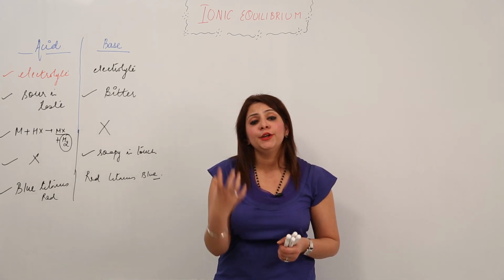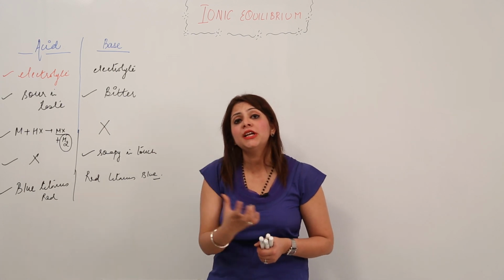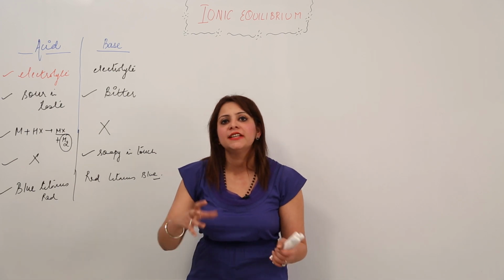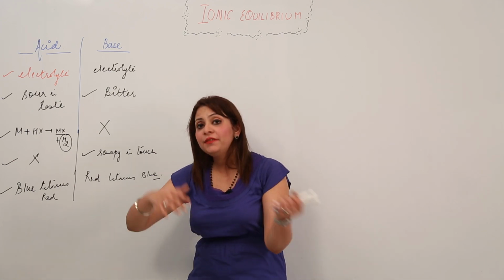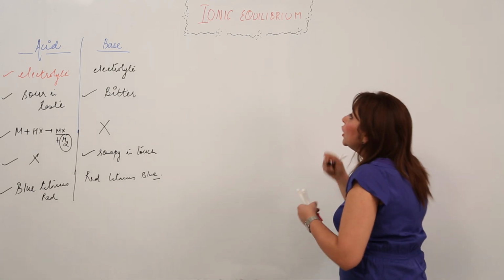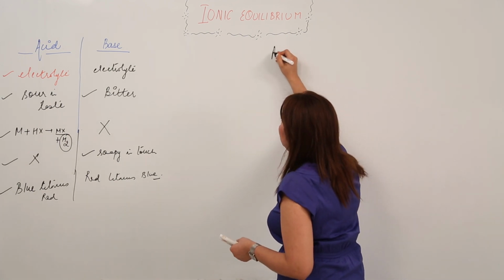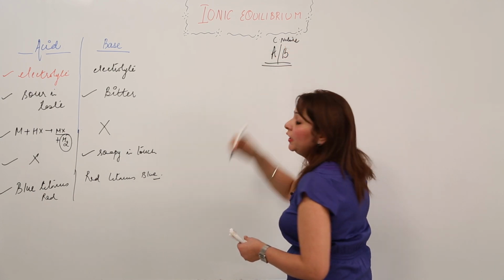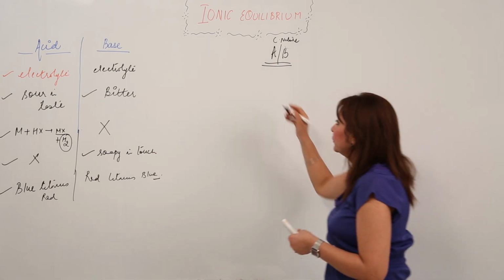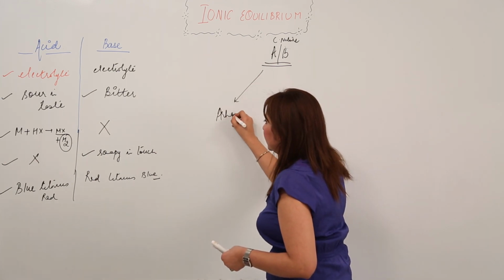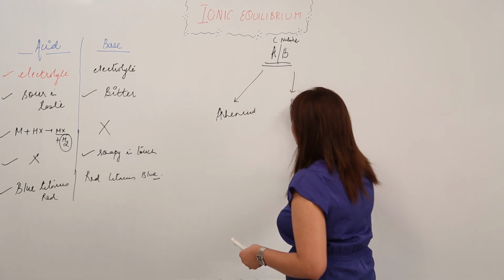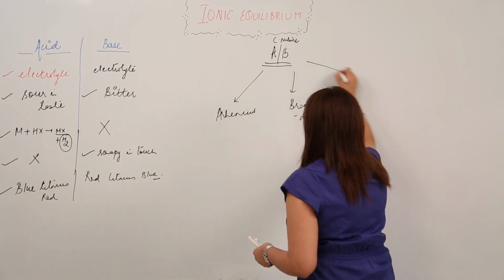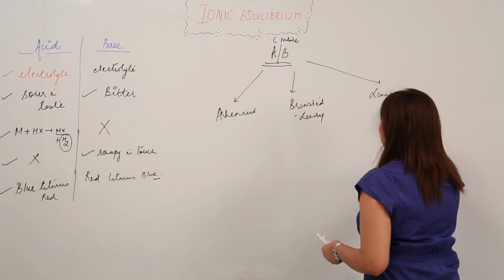So we need an appropriate theory which explains everything about acid and base, or a neutral substance. So here we have those theories about the chemical nature: the Arrhenius, Bronsted-Lowry, and the Lewis concept.